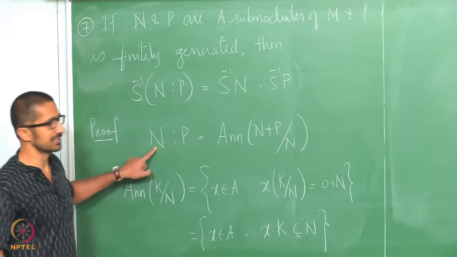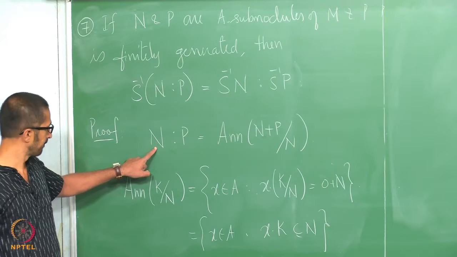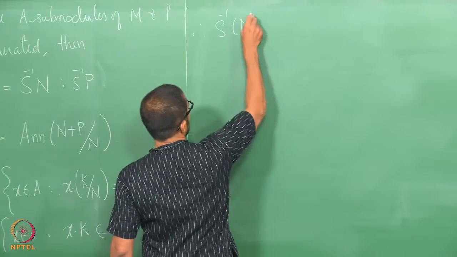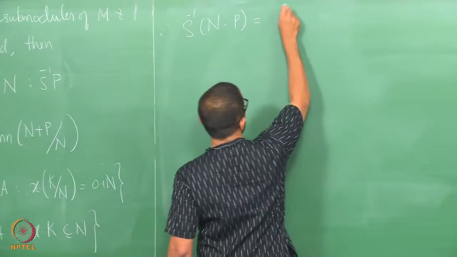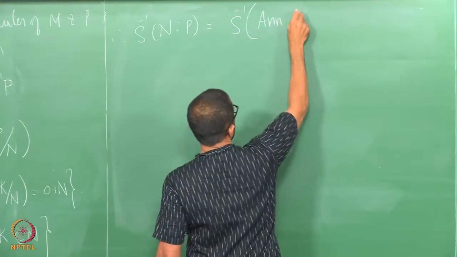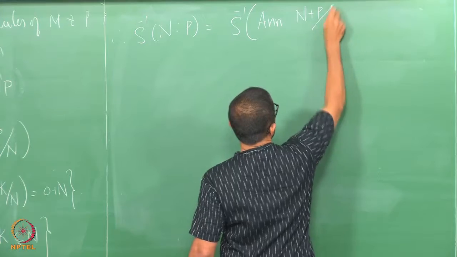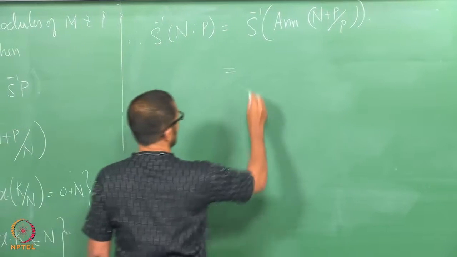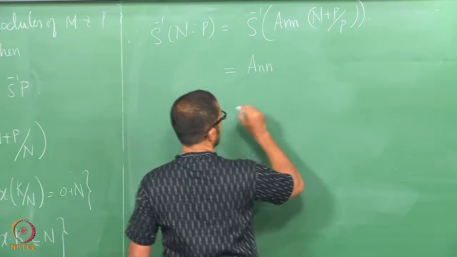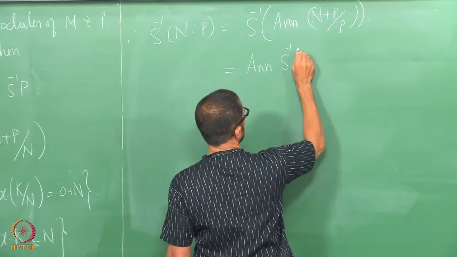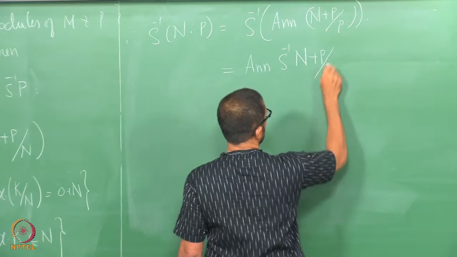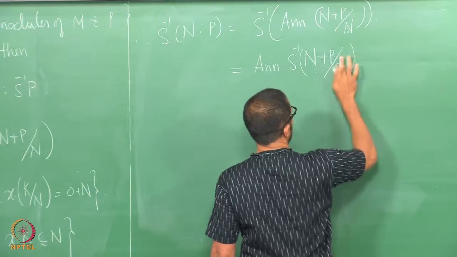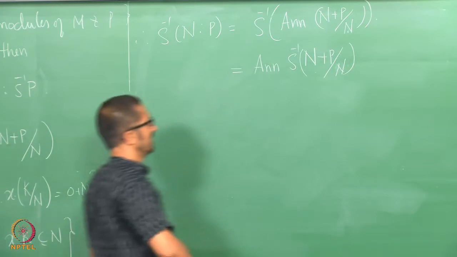Now, we can use the previous property that we proved. S inverse of n colon p is the same as S inverse of the annihilator of n plus p mod n, which is the annihilator of S inverse of n plus p mod n.